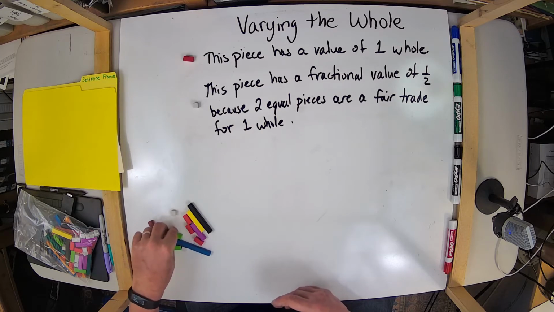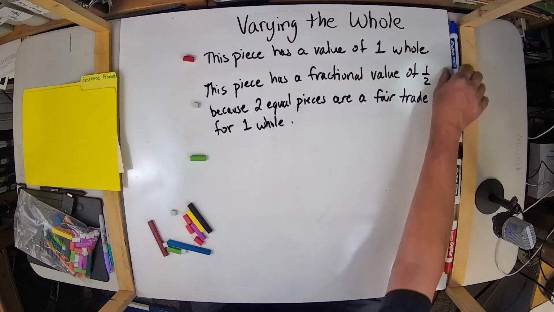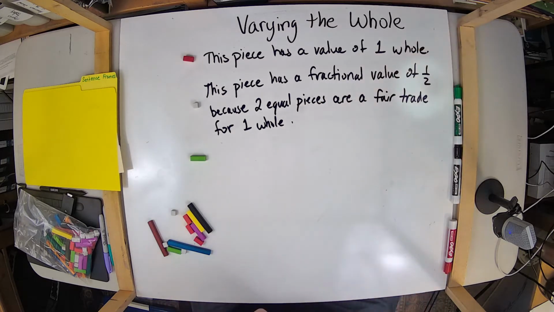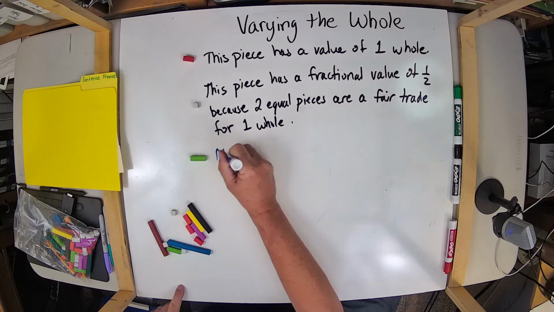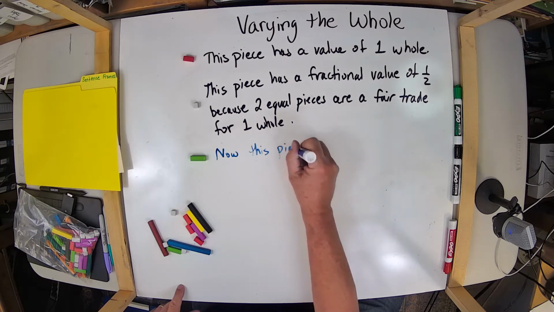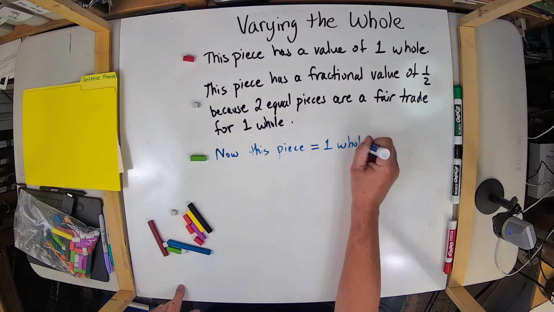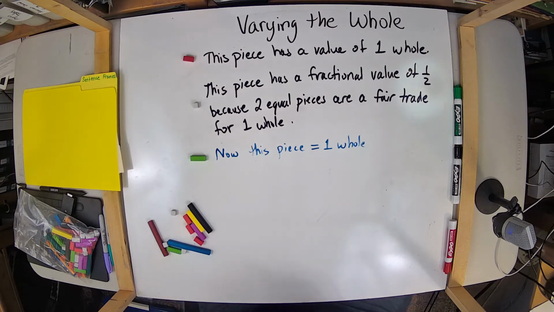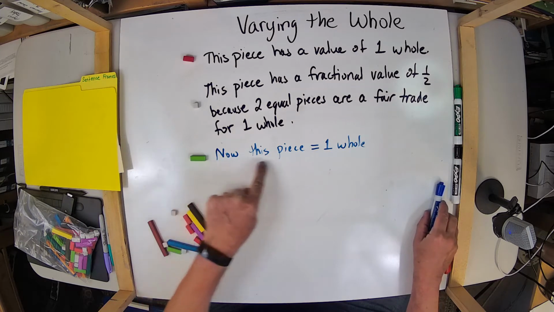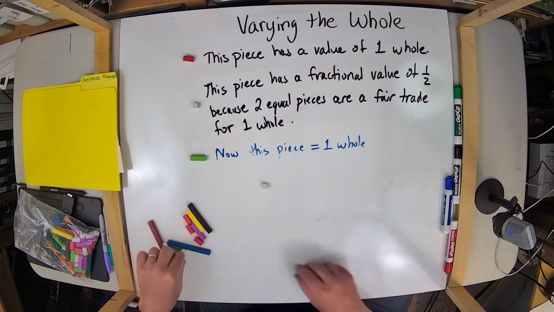What if I change the value of the whole, and now I say, now I'm going to change it, and I'm going to say now this piece equals 1 whole. Okay, now I've changed things. So under the new conditions that this piece is 1 whole, what value is this piece?